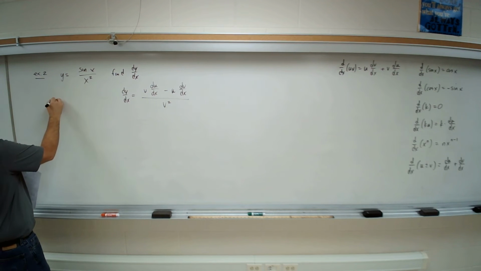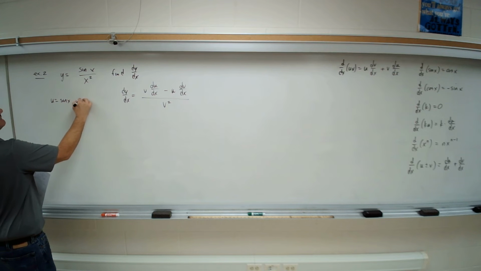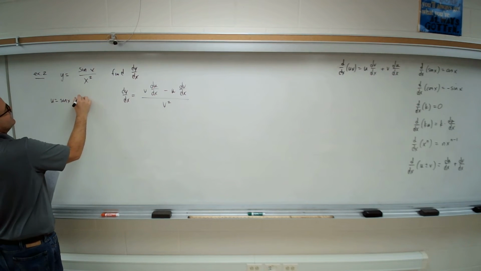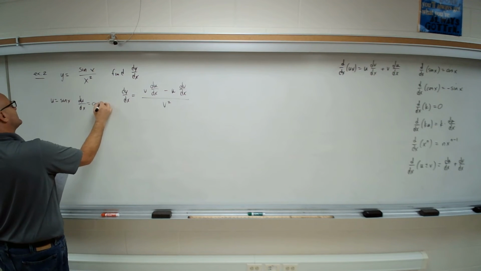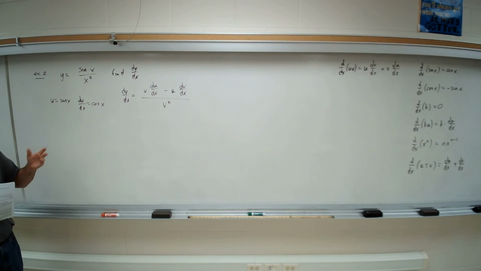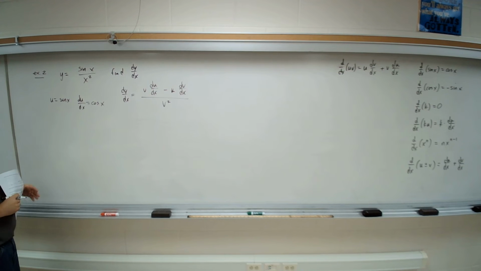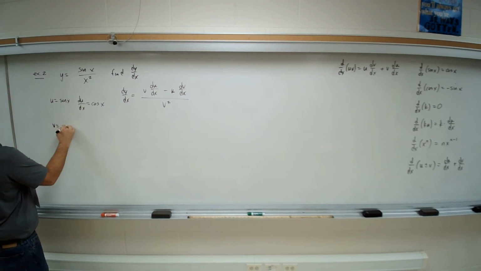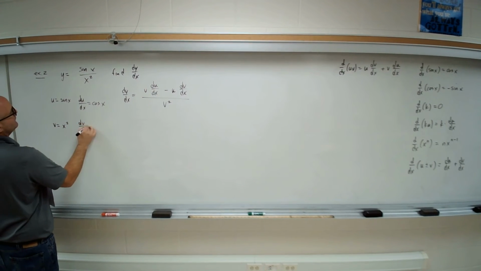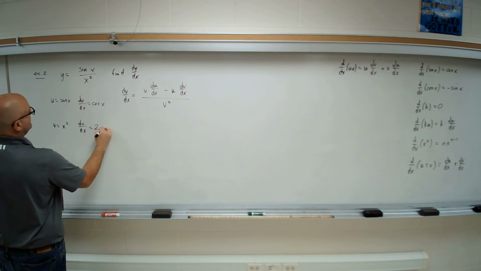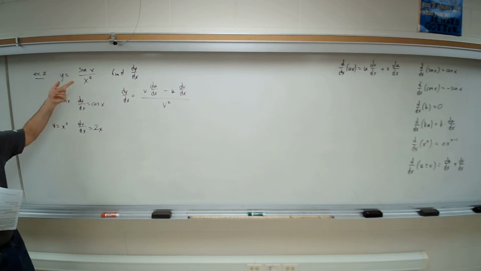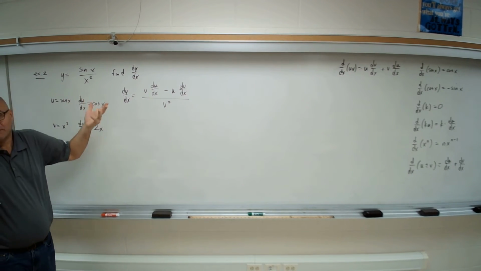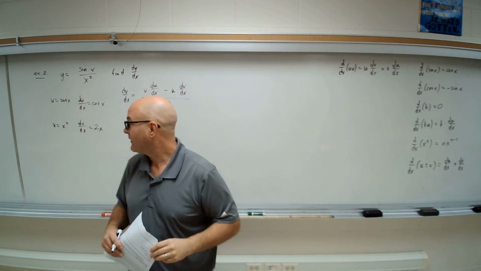So we have that u is the sine of x, du over dx is the cosine of x. Again, I'm using the other notation. If you don't like it, I don't blame you, but we've got to get used to it. So we do have our u and our v. They're really easy to split. It's obvious what the numerator and denominator are compared to the product rule.